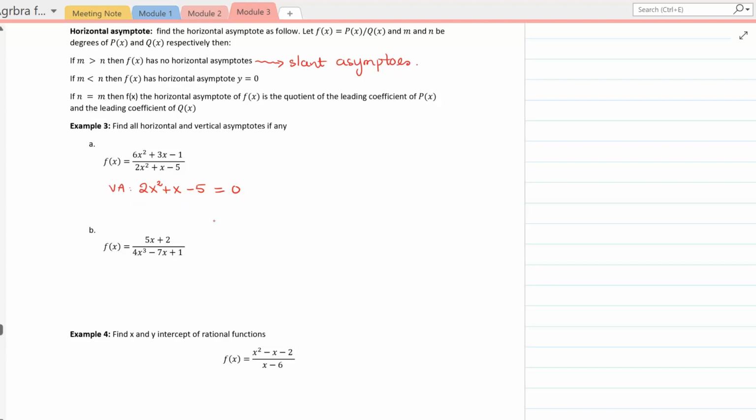Note that we want to factor this, right? So let's factor this. 2 times negative 5 is negative 10, so this is not factorable.